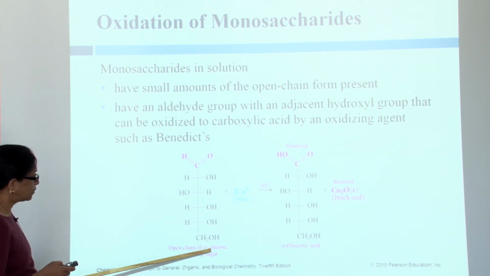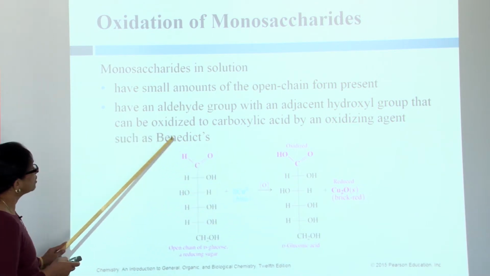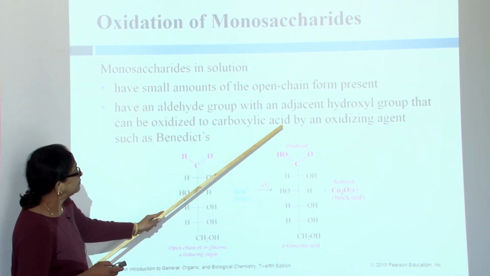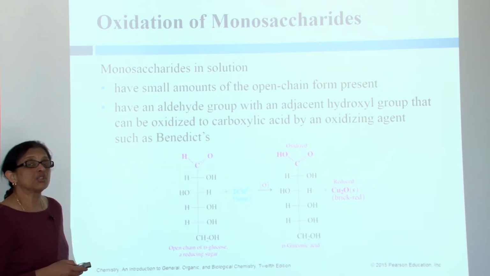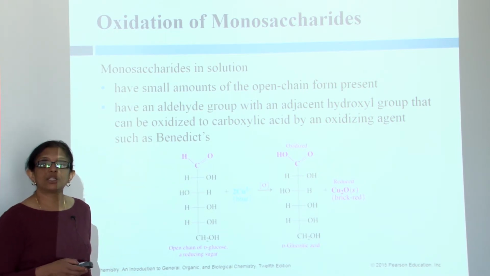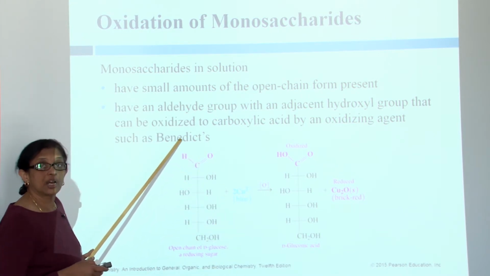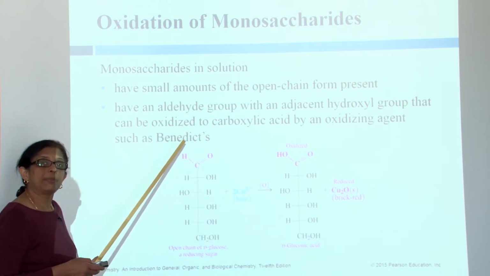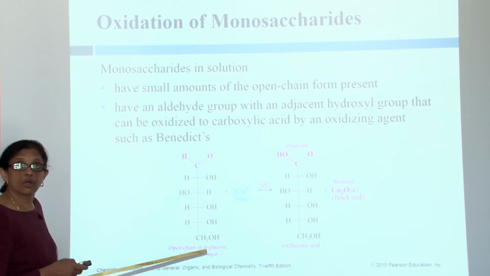So glucose can be oxidized to a carboxylic acid, gluconic acid, by an oxidizing agent such as Benedict's reagent. An oxidizing agent is an agent that can induce oxidation. So Benedict's reagent is an oxidizing agent which helps introduce oxygen into the glucose molecule.